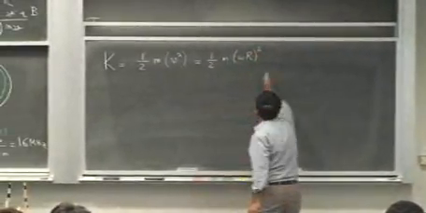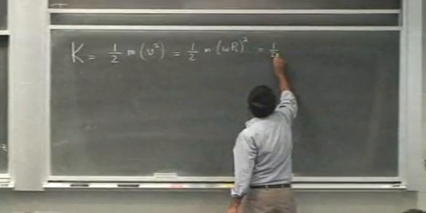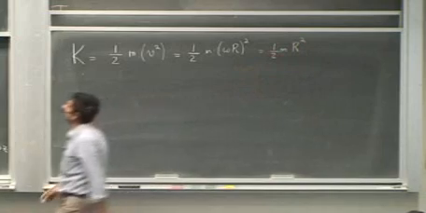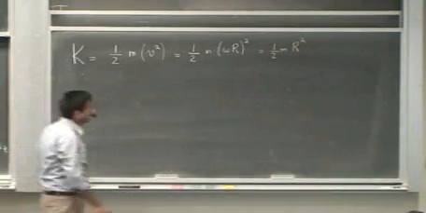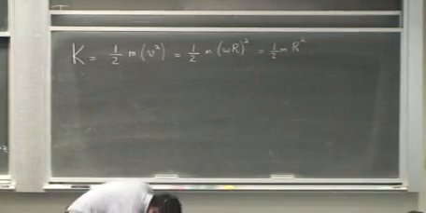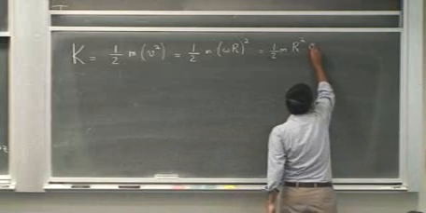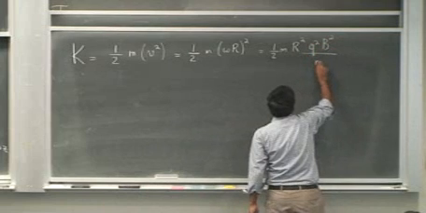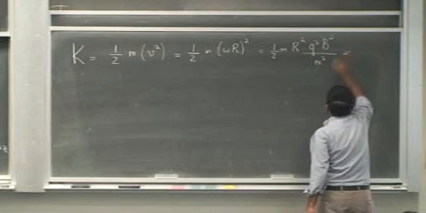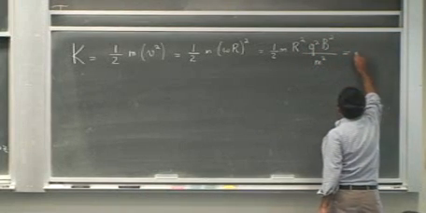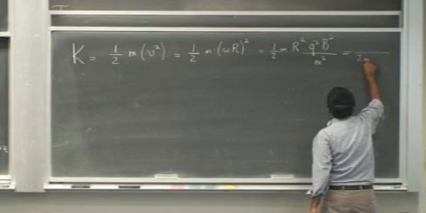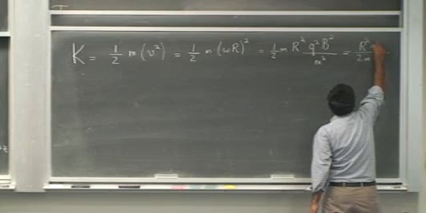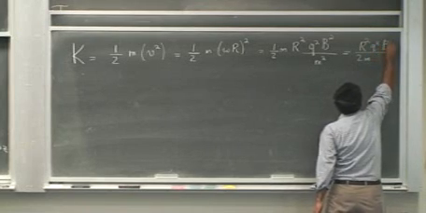V is omega r, so half m r squared times omega squared. Omega squared we've already derived as q squared B squared over m squared. So this kinetic energy is q squared B squared r squared over 2m.